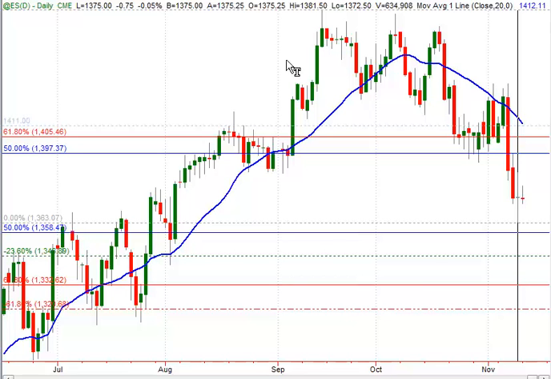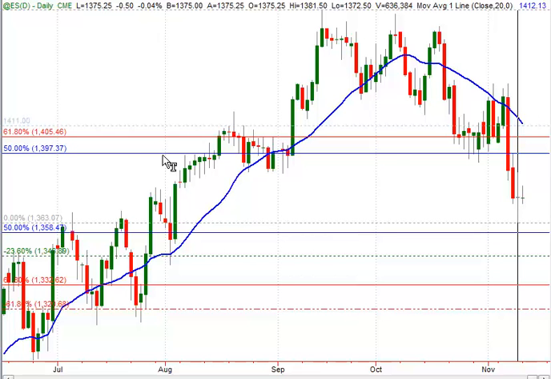So there are a few scenarios here to keep in mind, and maybe tomorrow I will publish a trading plan for the ES as well. But it's very important to keep in mind this level, 1,405.